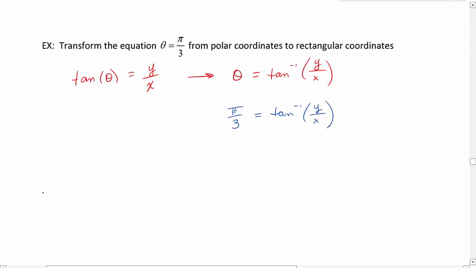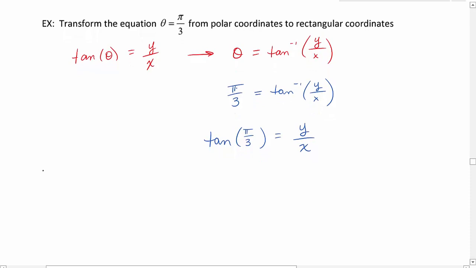Just how tan inverse works, that would mean then that tangent of pi over 3 is equal to y over x. Tangent of pi over 3 is on our unit circle. It's square root of 3 over 2 divided by a half to just give us square root of 3 is equal to y over x.